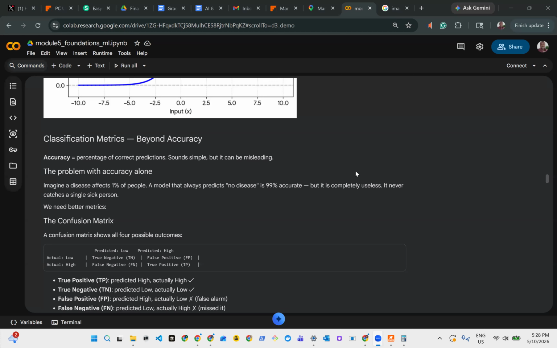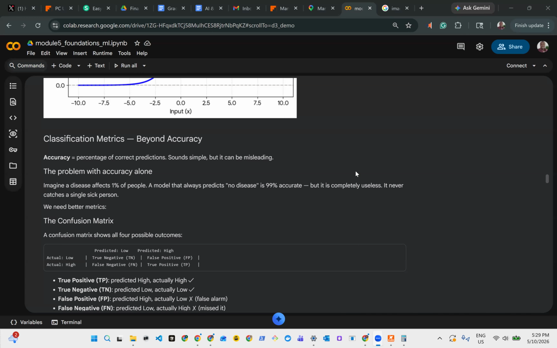Here, a model that predicts no disease for a population where only 1% have the disease, we consider completely useless, despite the fact that it's 99% accurate, because it will never catch a single sick person, or it might not catch a single sick person in many attempts.